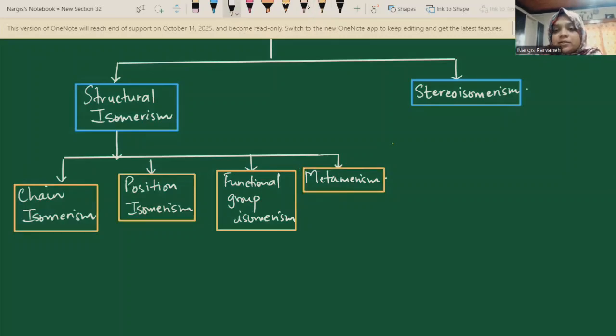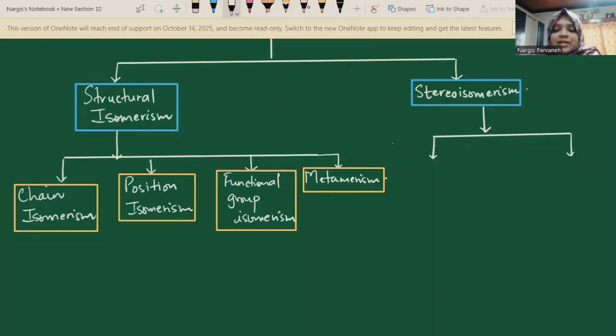Another thing I would like to say about stereoisomerism is that it has 2 types. Both of these types of stereoisomerism are discussed in class 12.